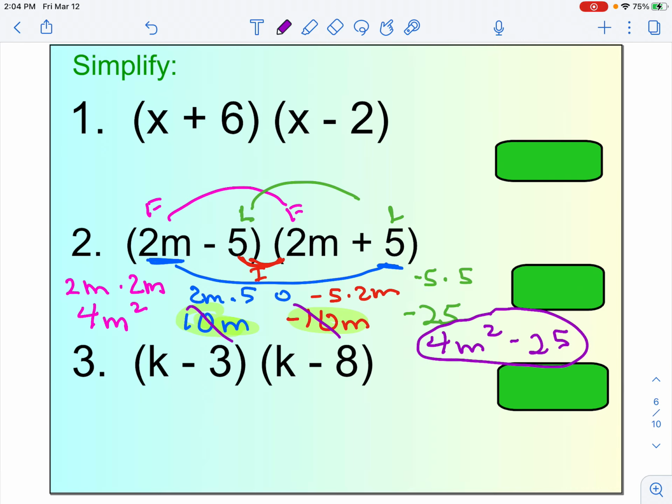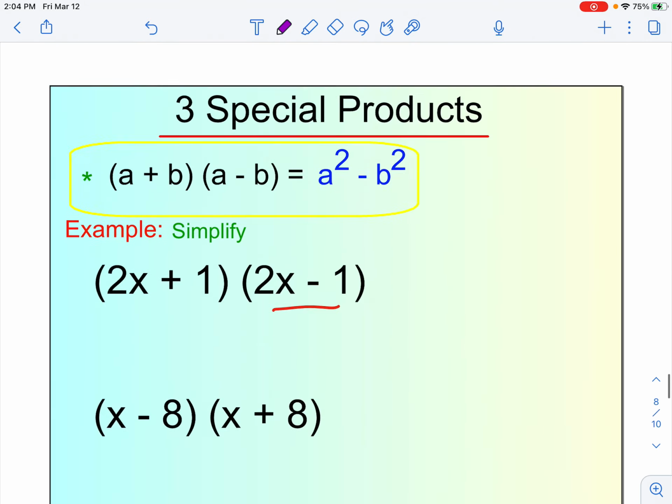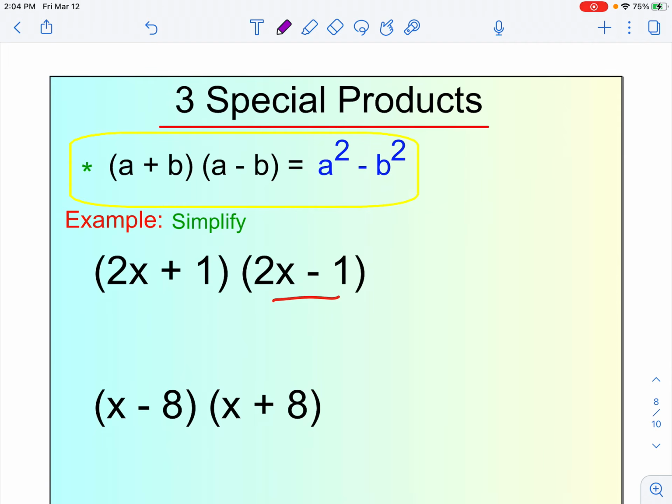Again, you try the other 2 on your own and check the notes. But what I want to point out is that this is one of our special products. So I'm going to slide through a little bit. This is the special product. And if you look at these 2, what's different is one is a plus b and the other is a minus b. And what you can expect to happen when you have the exact same thing, but one's a plus and one's a minus, otherwise everything else is the same, is that some of your terms are going to add up to 0.